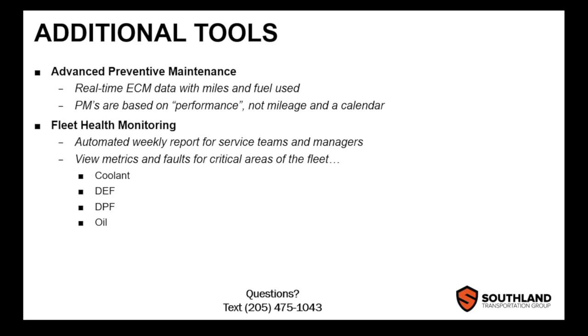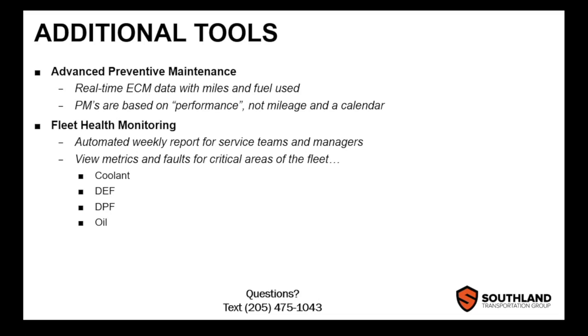The second one is fleet health monitoring. So again, we're taking telematic data from OnCommand Connection, and we're scheduling and setting up an automated weekly report that is sent to your service teams and your management and ownership for your company. Navistar actively manages this fleet health monitoring tool to decide which faults are pulled and which faults are shown. And again, it gives you metrics for the critical areas of your fleet.